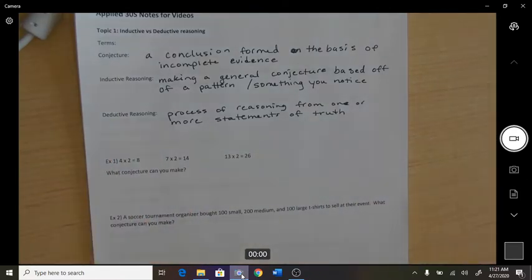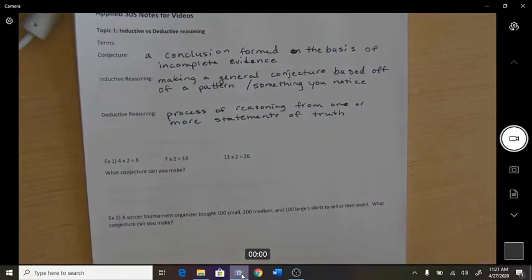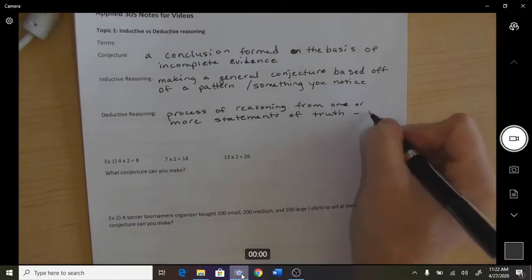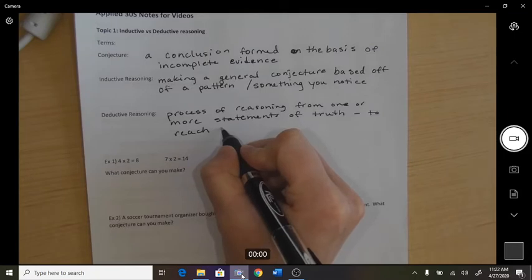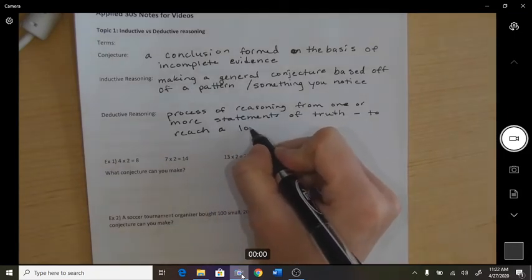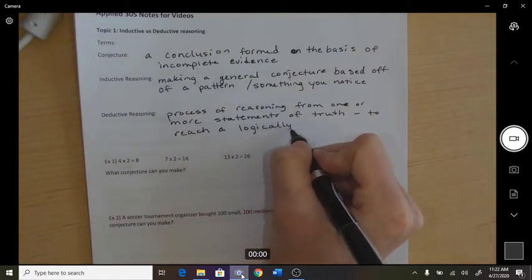So a statement of truth could be something like humans have hearts. That is a statement that is true. And then we're using that to reach a conclusion, and that conclusion is logically certain.